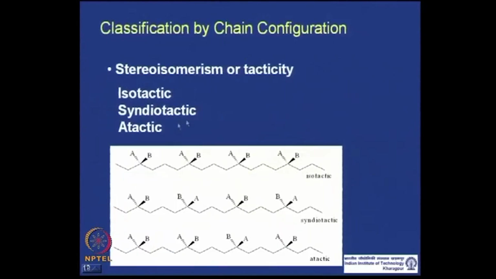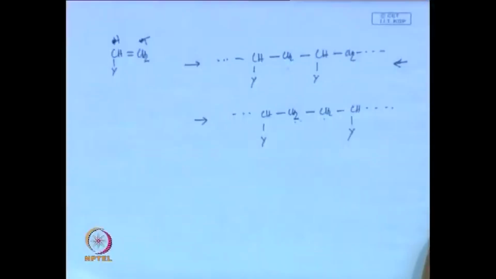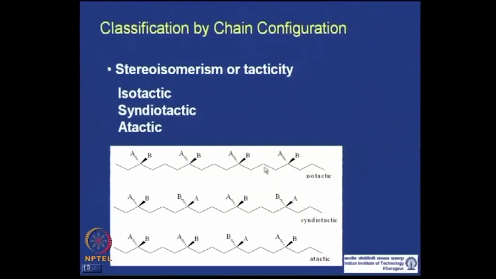You can have stereoisomers, which in polymer terms we call different tacticity. If in this case the chiral centers have similar geometries, all these monomers are linked with the same stereochemistry, then we call this isotactic.